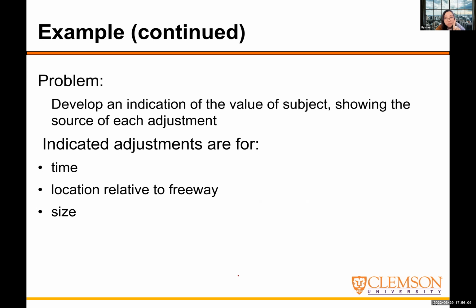One is size, right? The property size. Second is the location to highway, because a lot of people may not like living next to a highway for all the noise and potential traffic hazard. And also, we have the market condition adjustment.